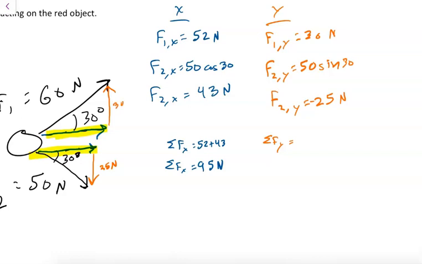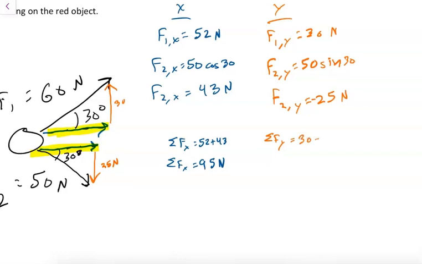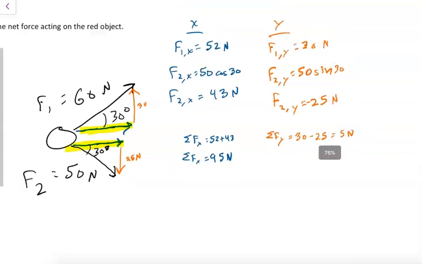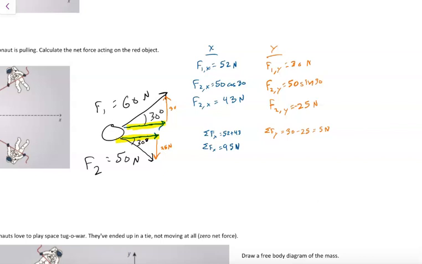So I have 30 going up, 25 going down. So 30 minus 25 is equal to 5 newtons. If I were to draw a resultant vector on this ball, I would get a long 95 newtons to the right, and a very small upward 5 newtons.